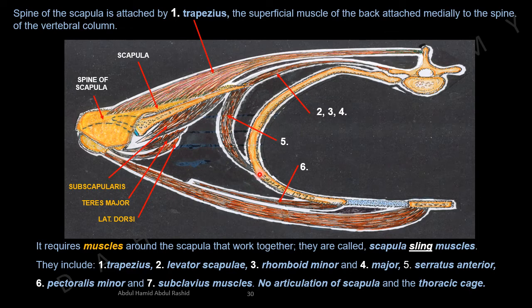Number 6 is the pectoralis minor muscle, and number 7 is subclavius muscle. We don't show the diagram here. Although there is no direct contact between the scapula and the thoracic cage, because of this group of scapular sling muscles, there is movement between the scapula and the thoracic cage, forming a physiological joint, not a true anatomical joint, called the scapulothoracic joint.